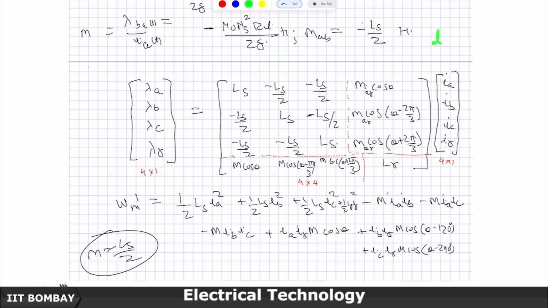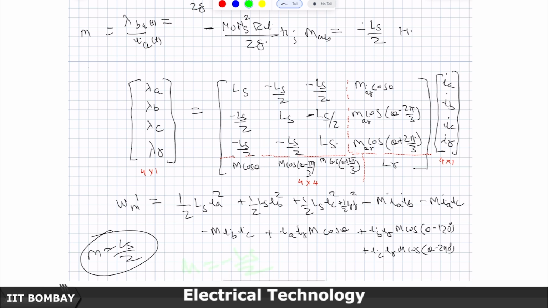Then I increase the B phase current from 0 to IB, while IA is now held at its appropriate value and IC and IR are still 0. So, I will get a term corresponding to its own self inductance, which is half of Ls IB square, and a mutual term, where this M here is minus Ls by 2.